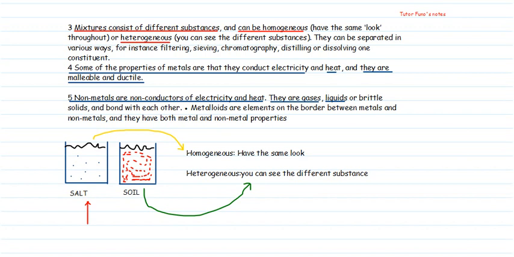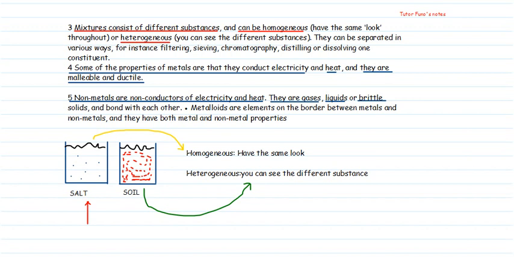So which means it's a conductor of electricity, the electricity can move from the wire to the water and to you. But for now, take it as gas, liquid, or brittle solids. There are many examples.